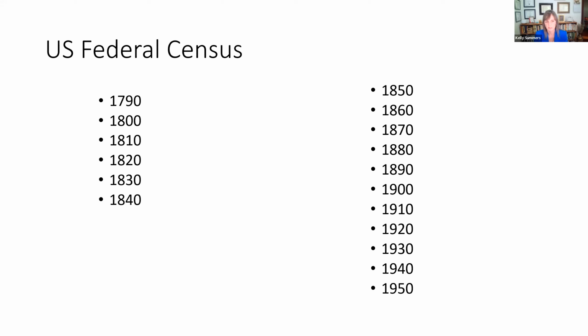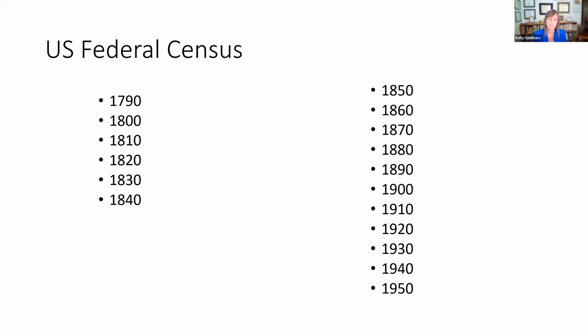During the years of 1790 to 1840, the only names that appear on these census records are the name of the head of household. So typically that will be the father in the family or the husband of the family. Otherwise, if the father had died or the husband had died, then the widow would appear as the head of household.